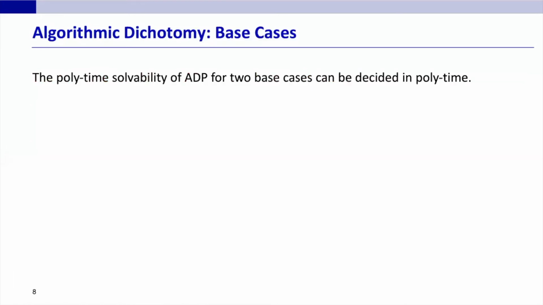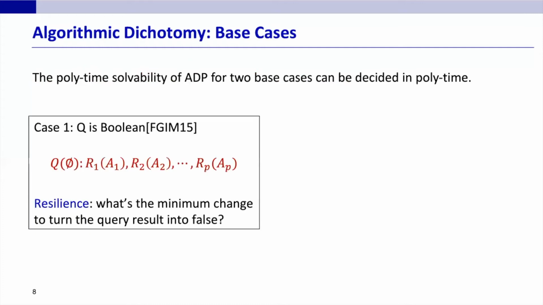Let's start with two base cases. If there's no output attribute, such a conjunctive query is Boolean, which indicates whether the join result of the input relations is empty or not. The ADP problem on the Boolean query is also known as the resilience problem, which has been well studied in a VLDB paper in 2015.